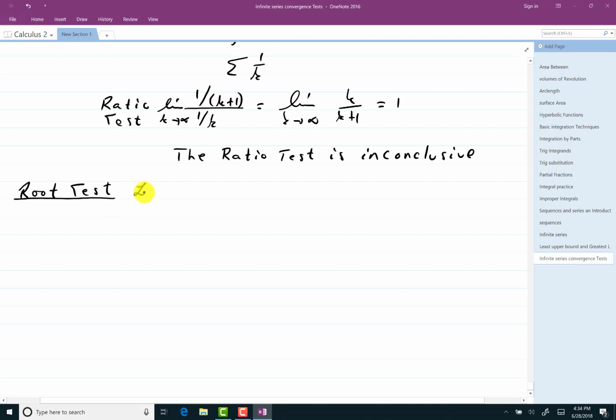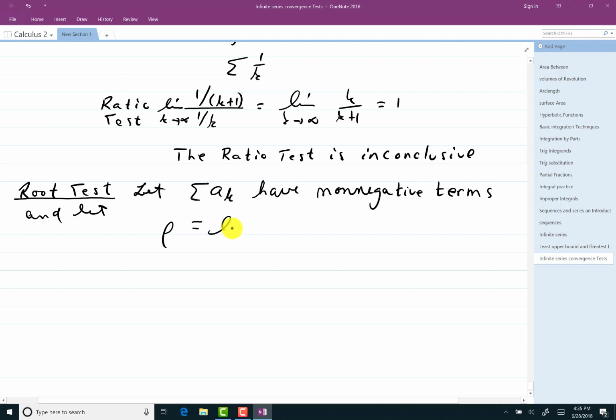Let a sub k have non-negative terms. That's a new one. And let rho equal the limit as k goes to infinity of the kth root of a sub k.